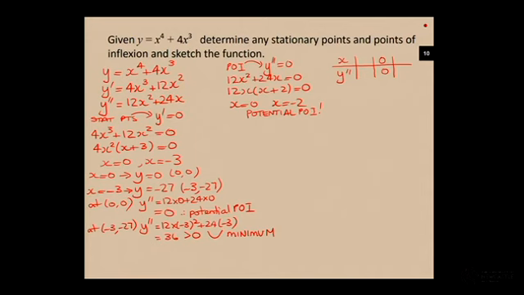Now I'm about to pick a number, all right, a number that's a bit lower than 0 and a number that's a bit higher than 0. So something like -1 there and potentially a 1 there. All right. So you're putting it into the second derivative. Now again, even if you just do it on the calculator, you might just substitute the -1 into the calculator and you'll end up with a positive or a negative.